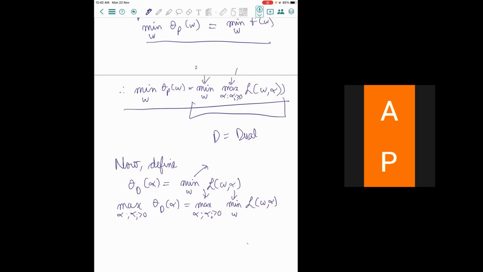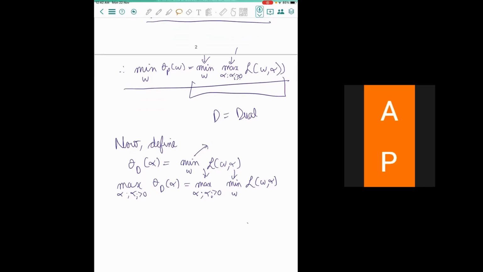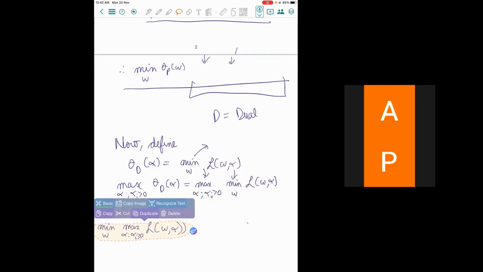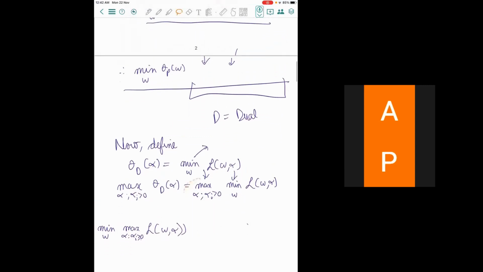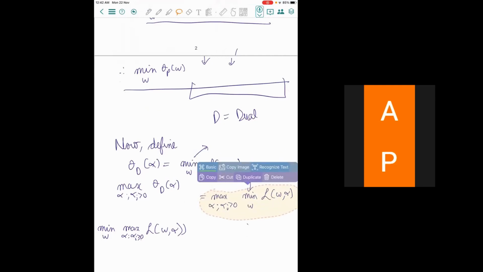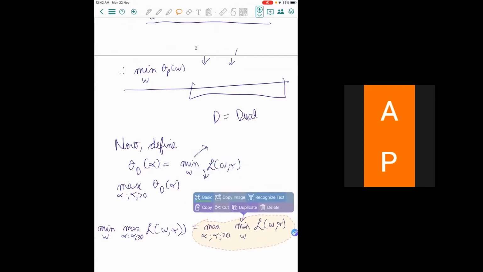So what it basically says is that the min-max that we have here, and the max-min that we have here, the max-min is always less than or equal to the min-max.